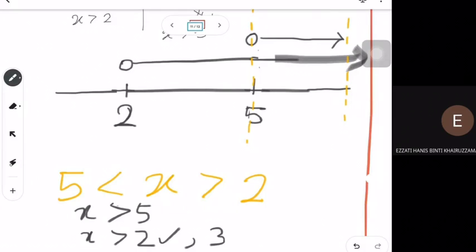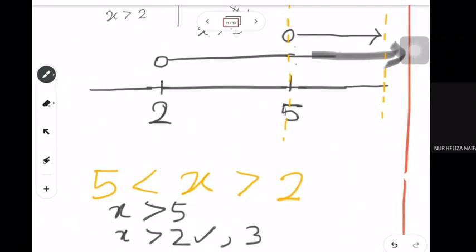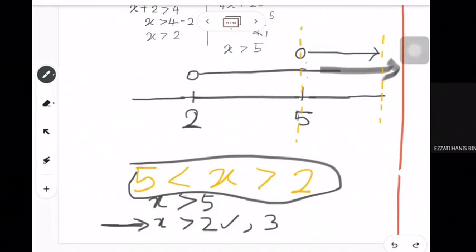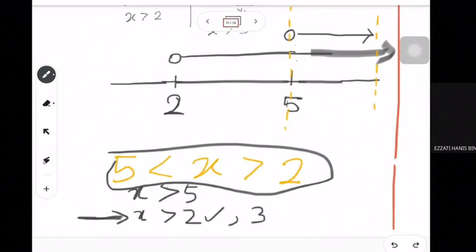Can you take 3 or not? Cannot. Ni yang Rizky tulis ni, yang kuning ni. Kalau mengikut cara Rizky tulis tu, bermaksud dia kata x is greater than 2. Kita kena buat kesimpulan. Kalau kita pecahkan dia jadi macam ni, x is greater than 2, so 3 boleh ambil. Cara tulis ni kurang tepat ya.